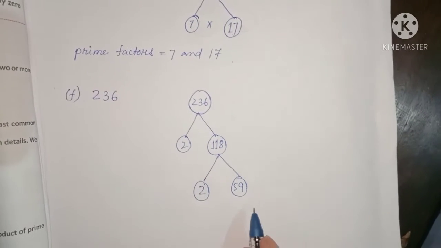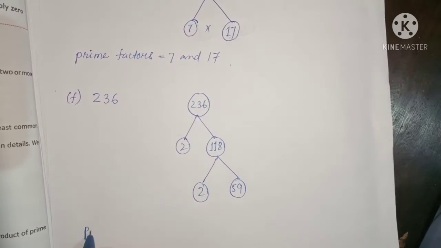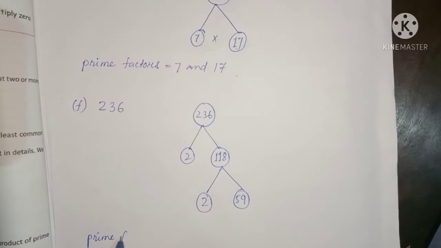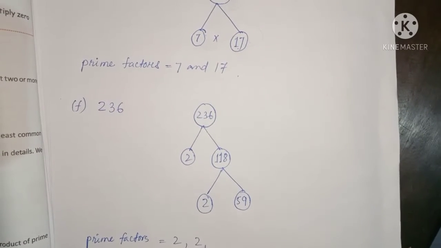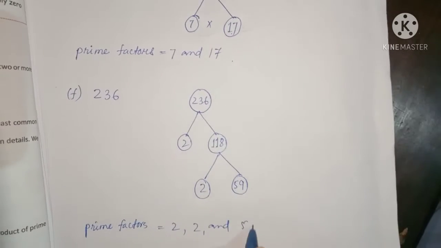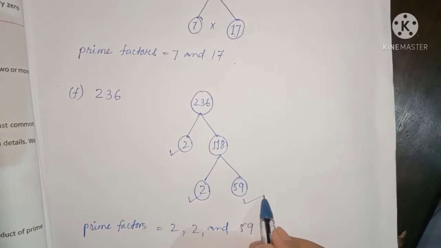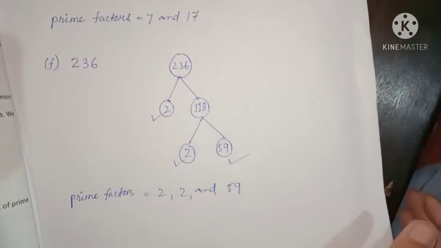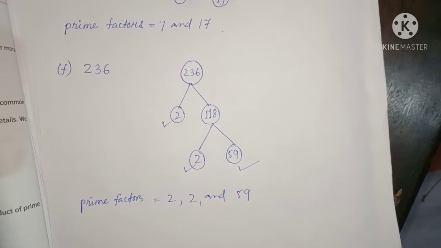Okay, so 59. So 59 is a prime factor. So the prime factors will be 2, 2 and 59. We have to write this one and this one. Okay, understood? So the rest are for your homework. Try to solve them and send me the hard copy.